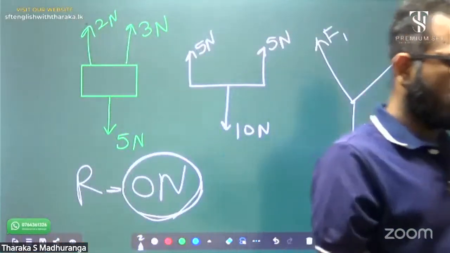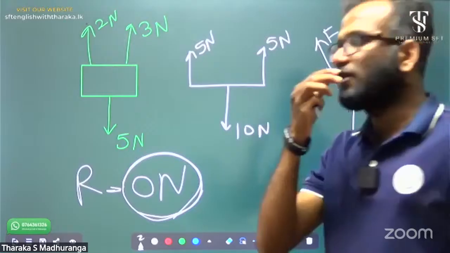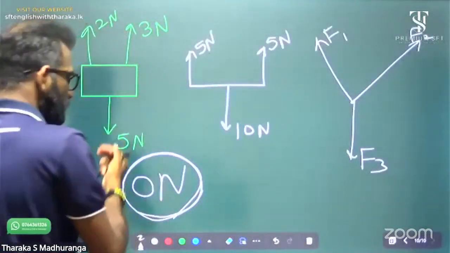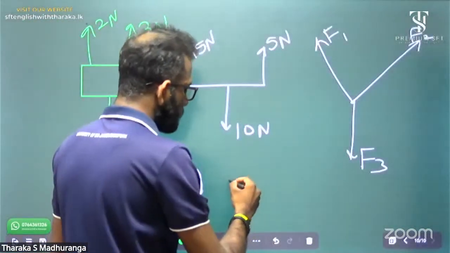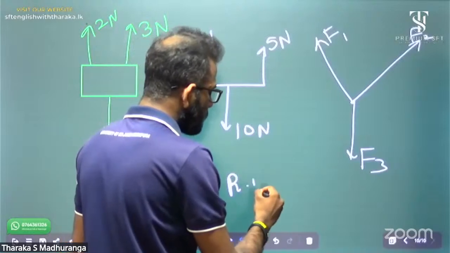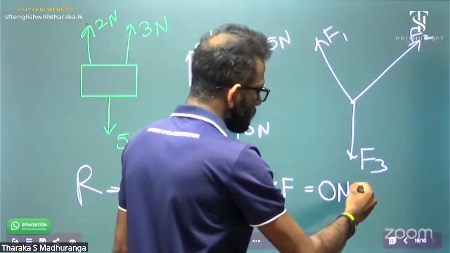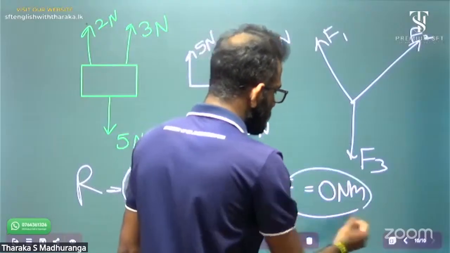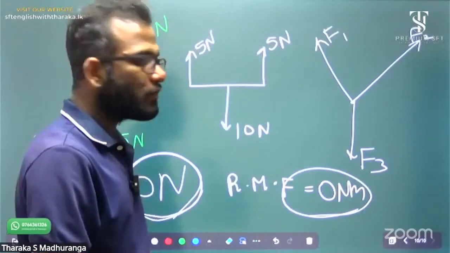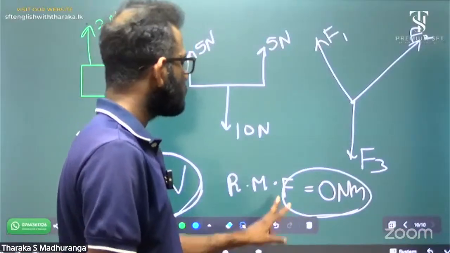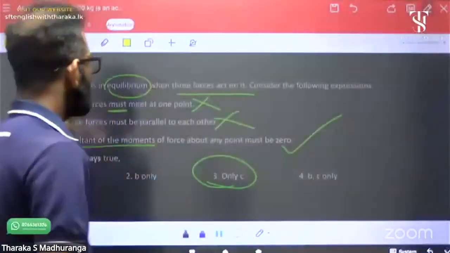That's the other requirement for equilibrium: resultant force 0 and resultant moment of force should be 0 Newton meter, if it is balanced.